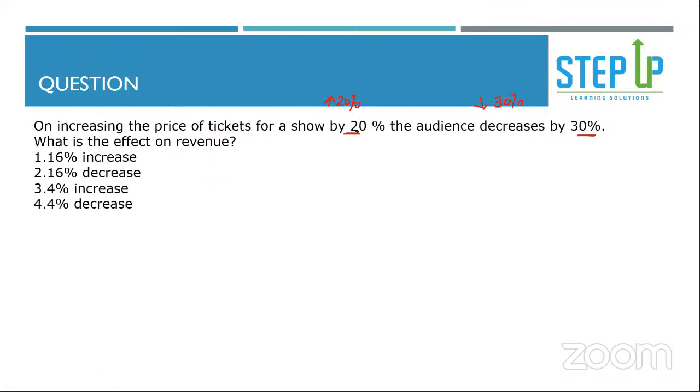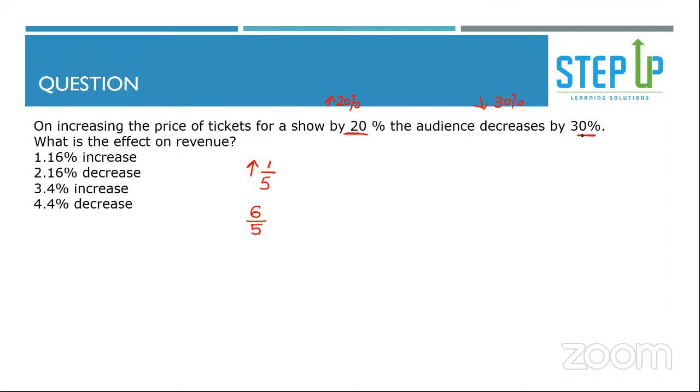Yesterday we have seen that, right? 20% can be written as 1 by 5. Now, if it is increasing, it will become 6 by 5.